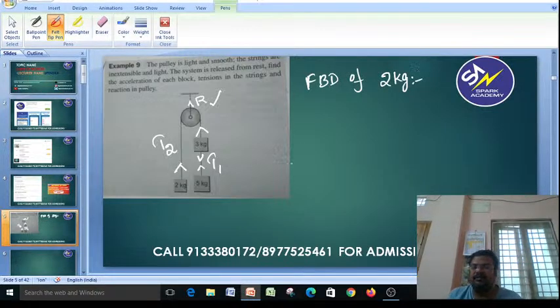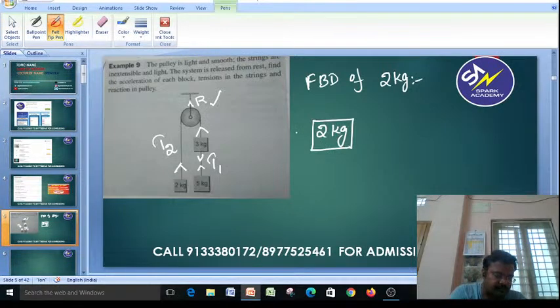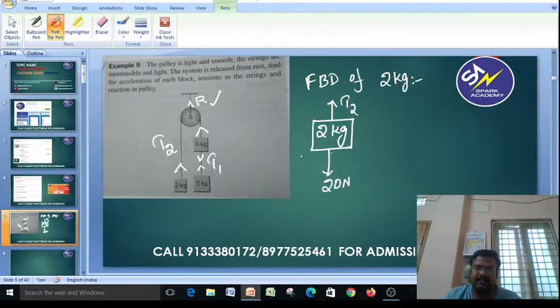So, for the 2 kg block, the weight of the block acts in the downward direction, that is 20 Newton, and tension T2 acts in the upward direction.